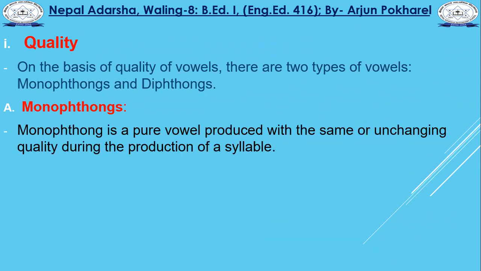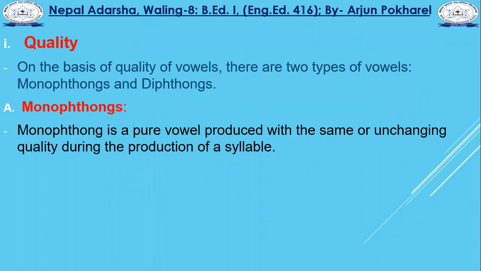A monophthong is a pure vowel produced with the same or unchanging quality. That is, the quality will not be changed at all. When you say a, it is a. When you say o, it is o.